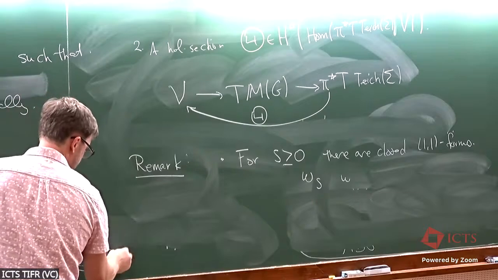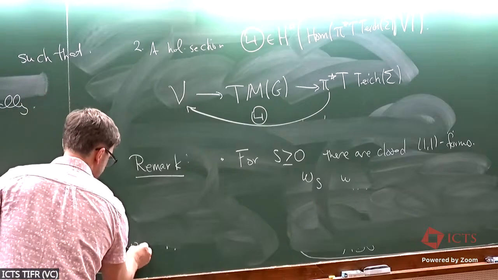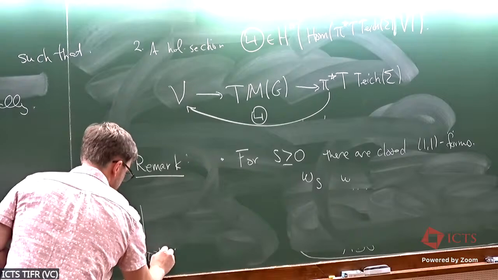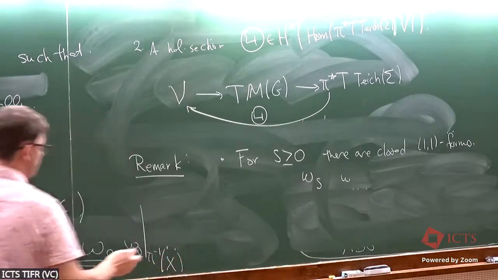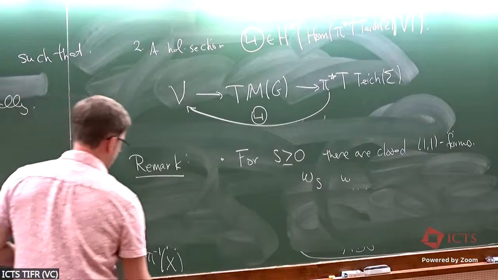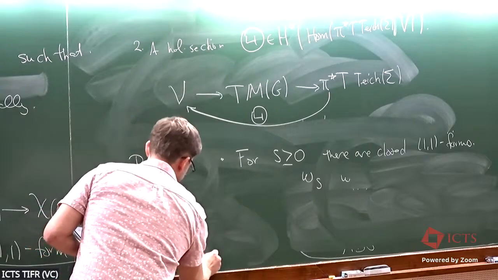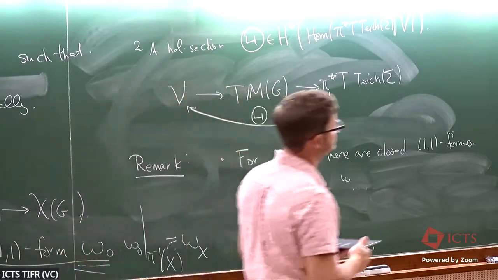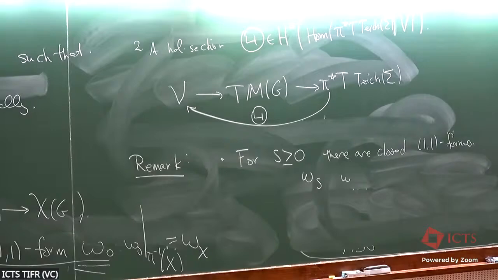This omega naught, if I restrict it to a fiber, namely the moduli space of Higgs bundles for a fixed Riemann surface, is the Kähler form on that moduli space of Higgs bundles for that fixed Riemann surface. It is the pullback of this natural thing you have on the character variety. So that was one of the main features.